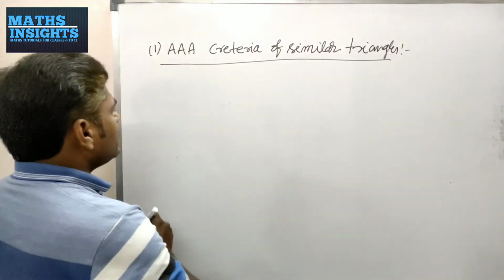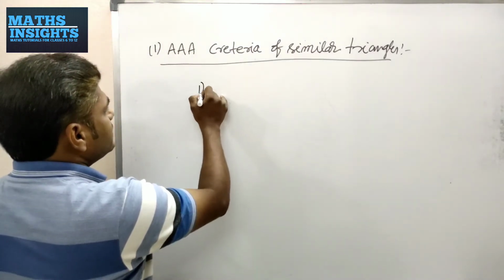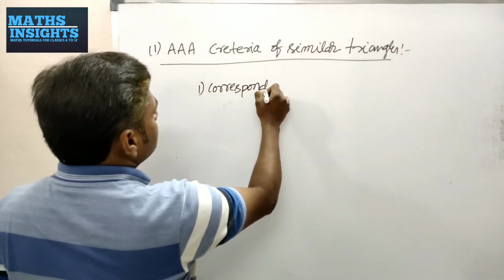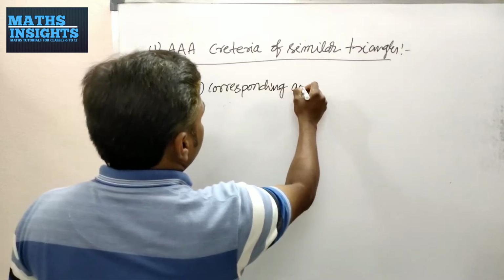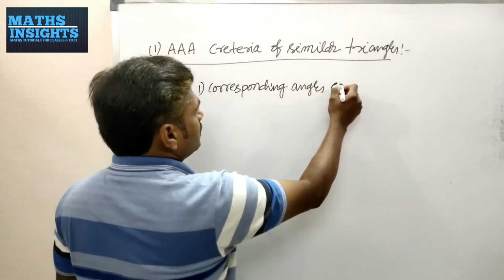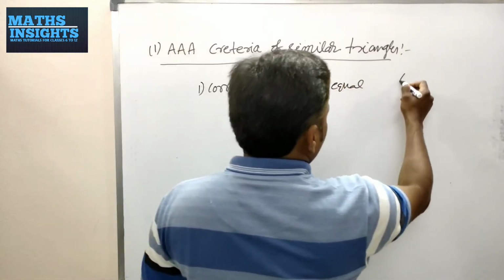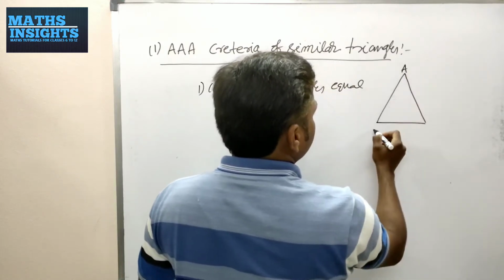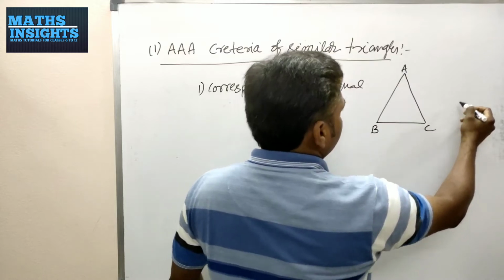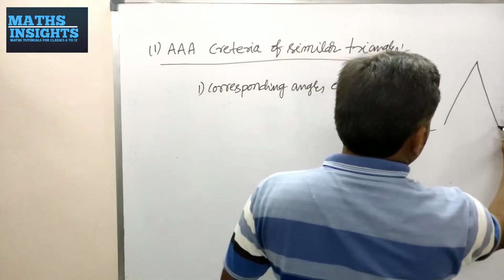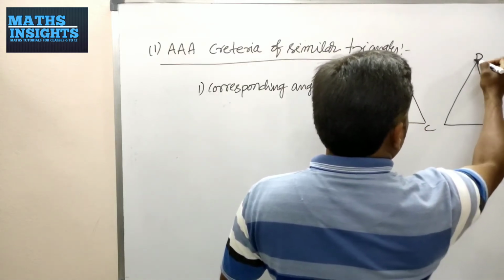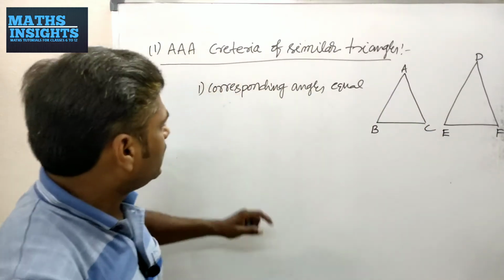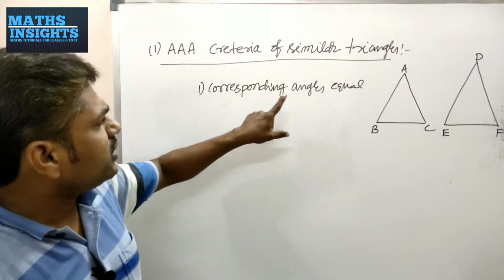First condition: corresponding angles are equal. So I am taking two triangles as we said previously, ABC and DEF. What they are giving as data is that corresponding angles are equal.